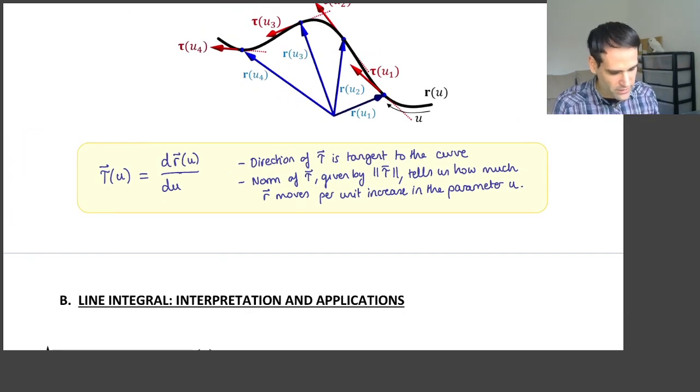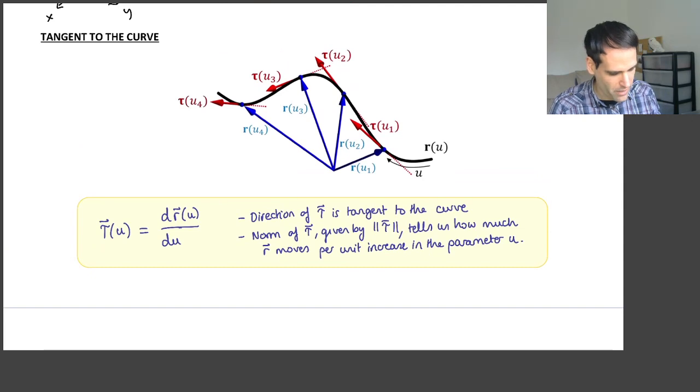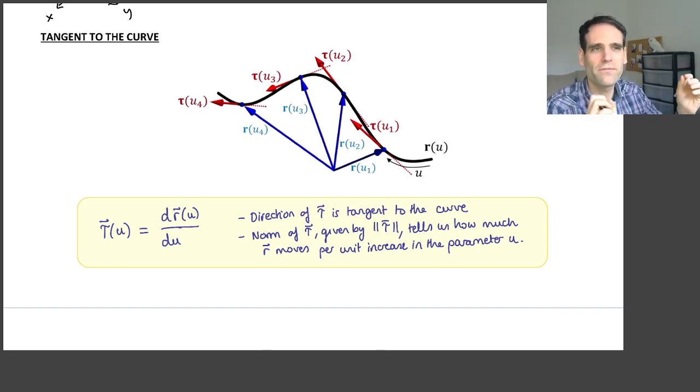And the best example is to consider that our parameterized curve r of u. So let's imagine that u is time. So we are using time as a parameter, right? So then r of u becomes r of time, which is just the position vector of some mass, for example, a fly that is flying around the room. So as time changes, the position vector of that fly is also changing, right?